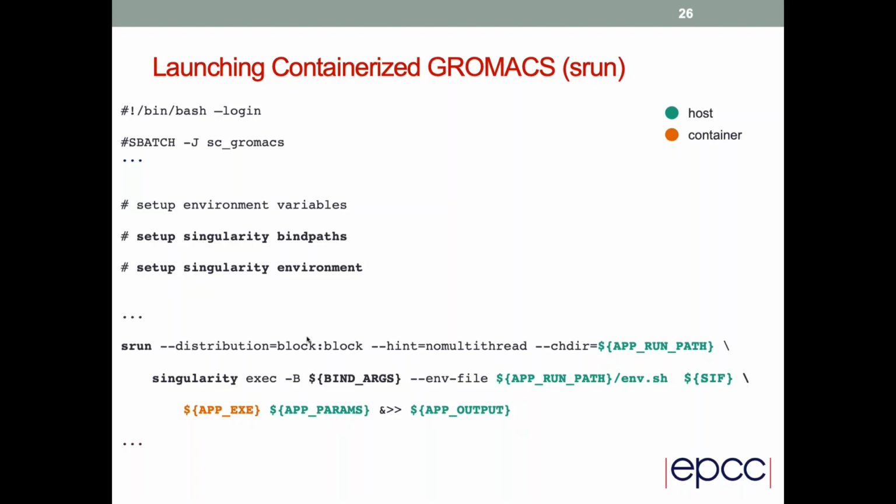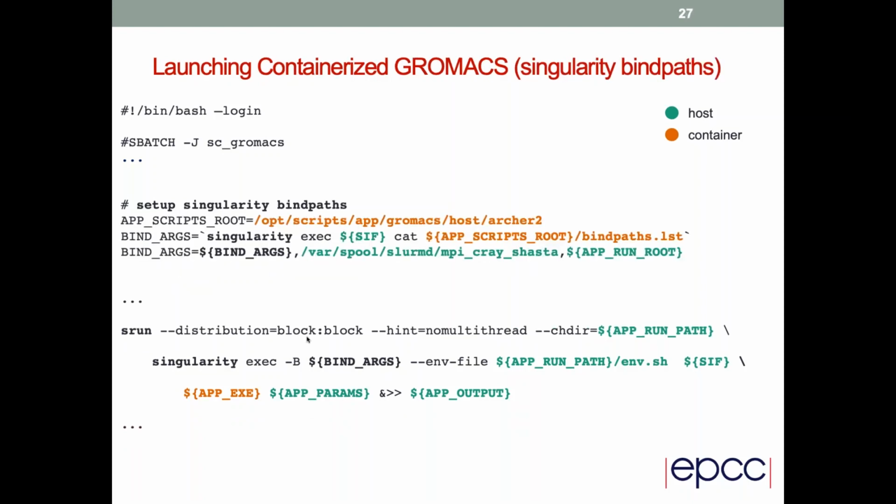Obviously, the application executable is inside the container, but the app_params is not. But this is possible because my bind arguments have shared the folder that contains the input data. So that allows the containerized application to access that input data.